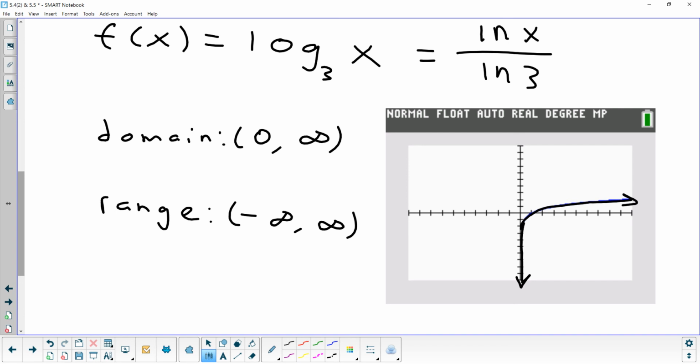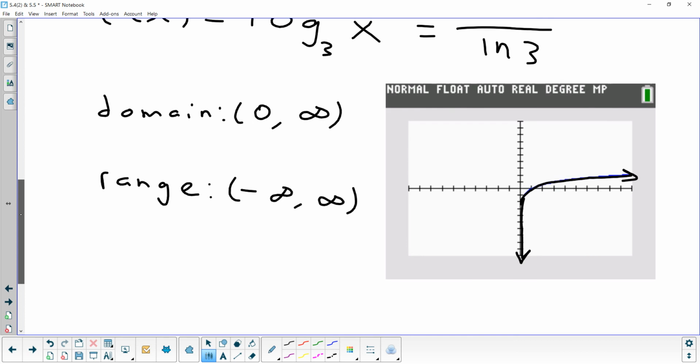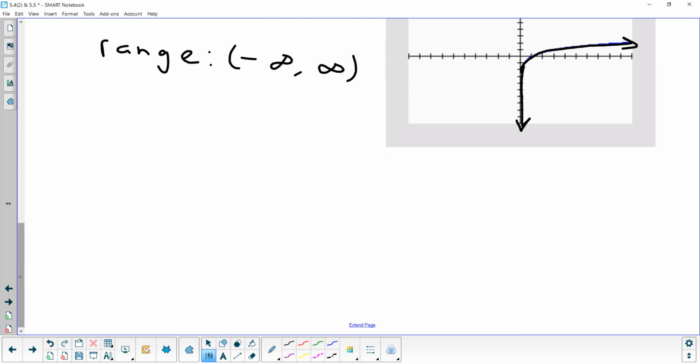So if you get all the way out, say 100 on the x-axis, you're going to have gone up 2 on the y, because the log of 100 is 2. So it's very, very slow growing. But that's it. So we wanted the complete graph, domain, and range. That's good. Questions on that? All right.